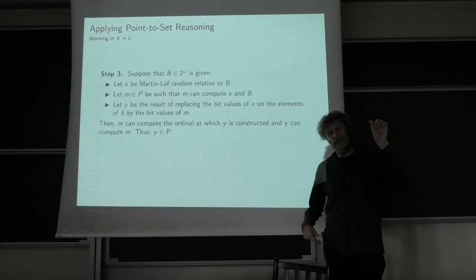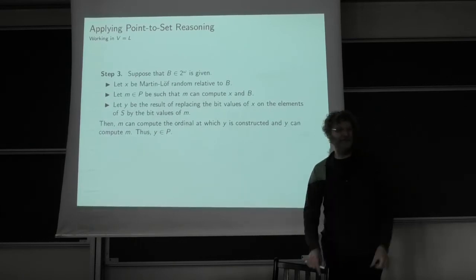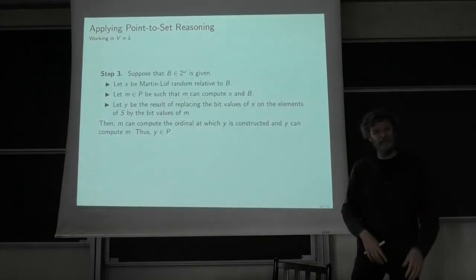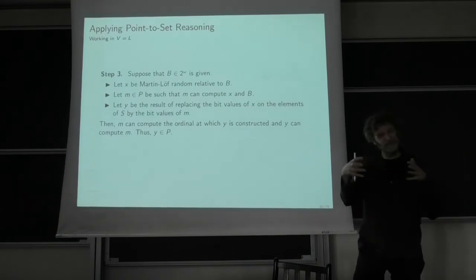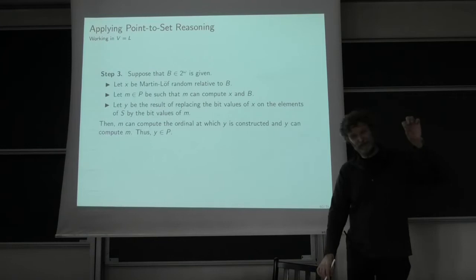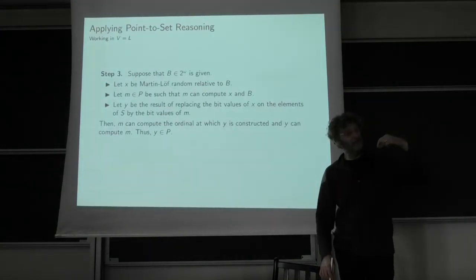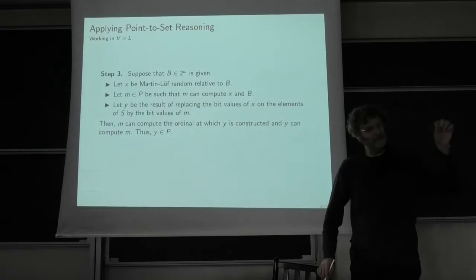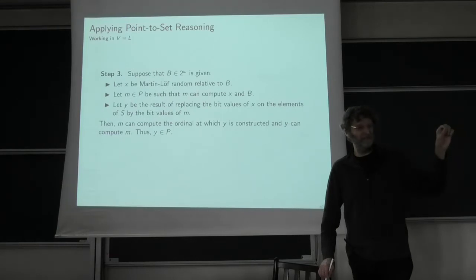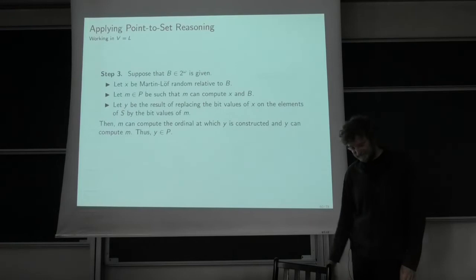So Y can compute the ordinal where M is constructed, so Y can compute the ordinal where Y was built. M and Y are interchangeable. Each can compute the other. But M has the feature that M can compute the ordinal where M itself was constructed. And if Y is equivalent to M in that sense, Y can compute the ordinal at which M is constructed, but that's the ordinal at which Y itself was constructed. So Y is in P.